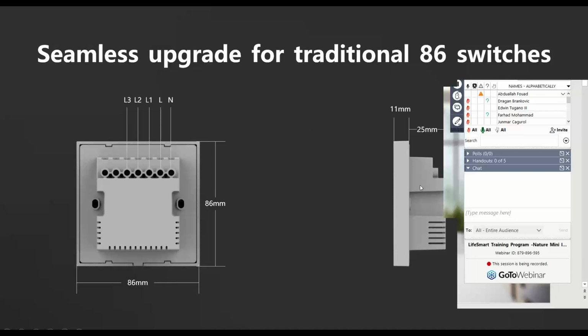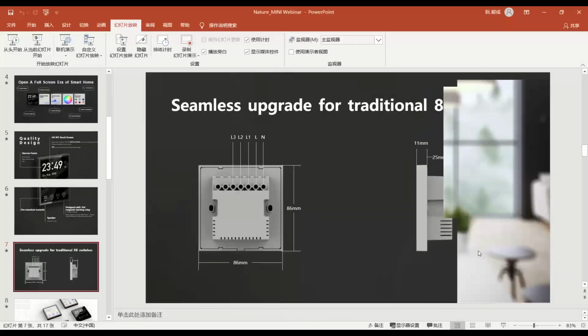So you can definitely use it as an upgrade device for your existing smart home systems. Just need to remember that you have neutral wire and live wire in the existing electric systems.